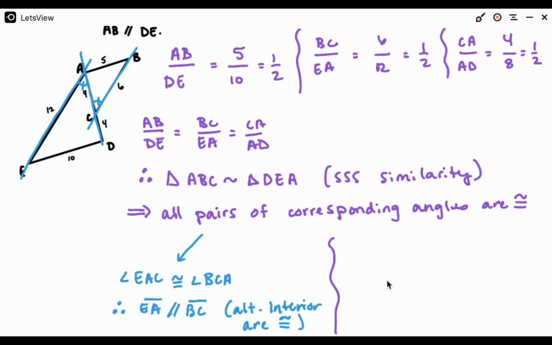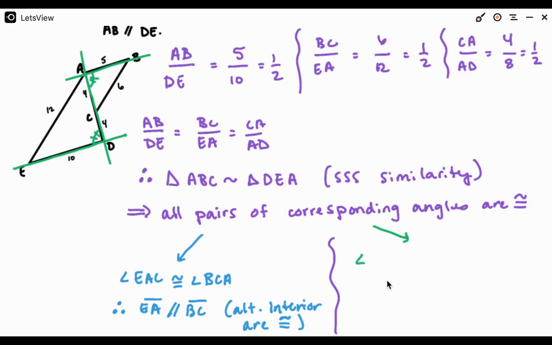Okay, so we've done one part. Now let's see if we can get the other part. So let's clear out that blue stuff. Now we want to get BA parallel to ED. Okay, so let's see. Here they're also cut by a transversal, and we would know that that angle is congruent to that angle.